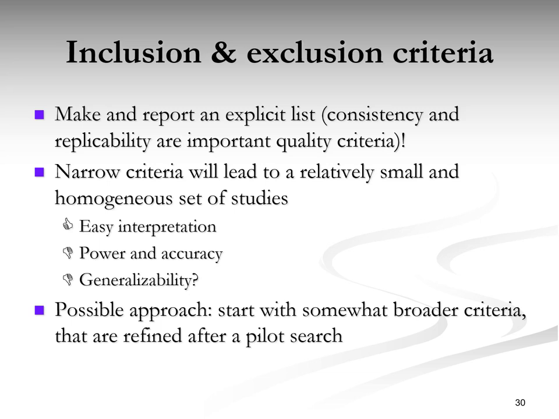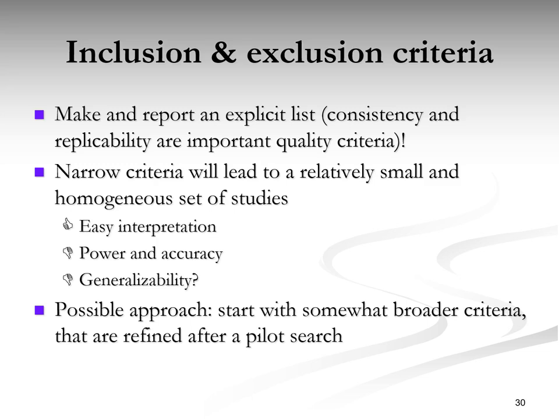If you selected a study for your systematic review, then another very similar study also has to be included. And the other way around, if you decide that a specific study should be excluded, then a very similar study should also be excluded. So that's consistency, but also replicability.